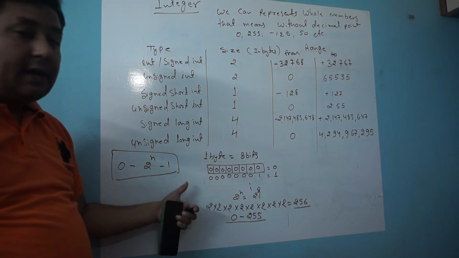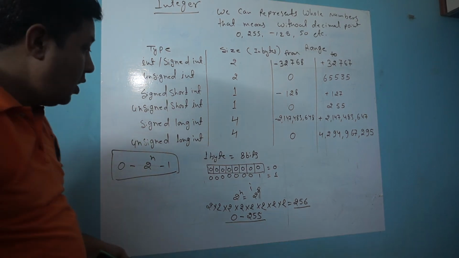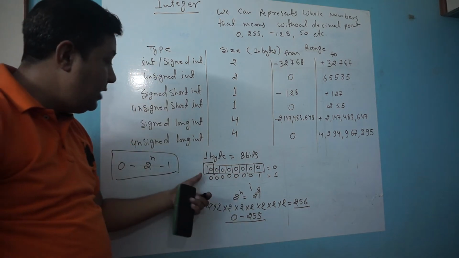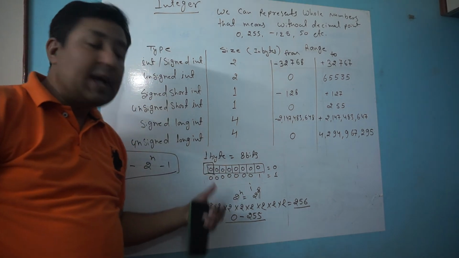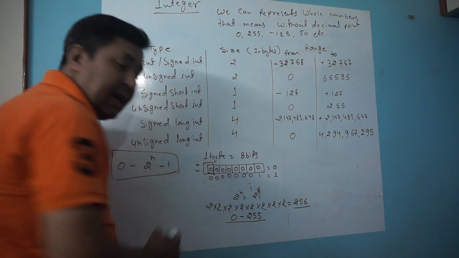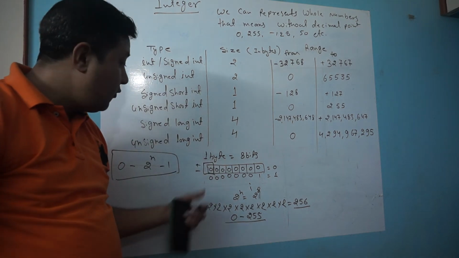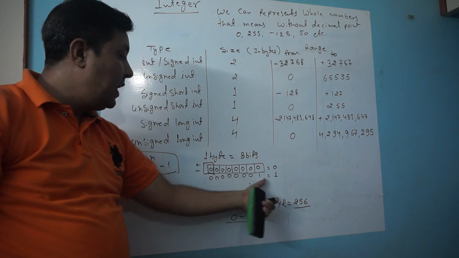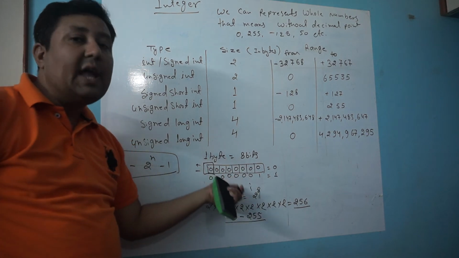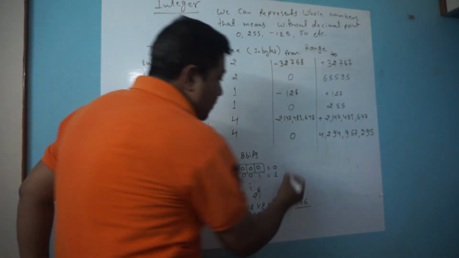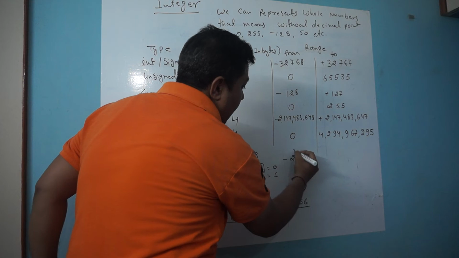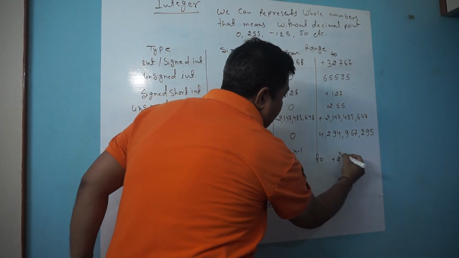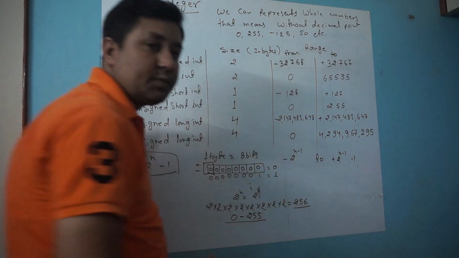And if we are taking signed, a single bit is taken for the sign. That means it may be plus or minus. So we have only 7 bits available for values. That means it starts from minus 2 to the power n minus 1 to plus 2 to the power n minus 1 minus 1.